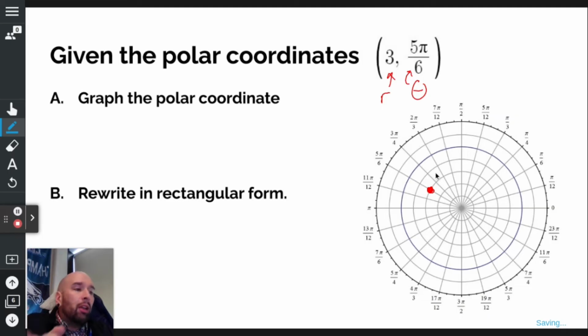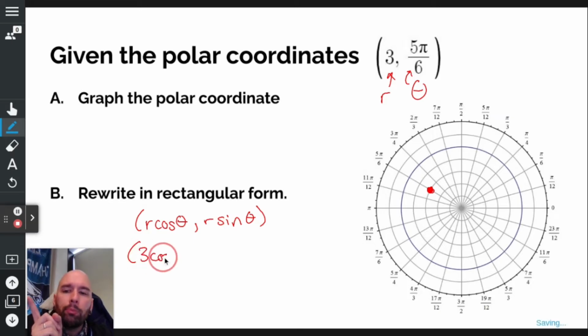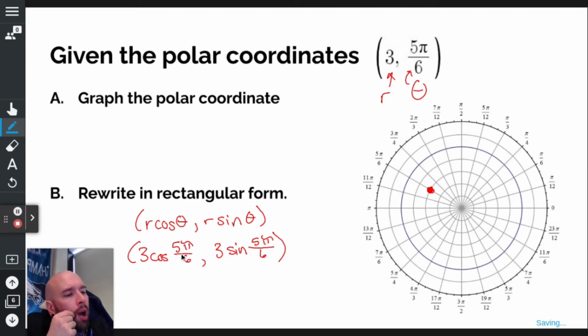To write that in rectangular form is found by doing r cos theta, very familiar, r sine theta. r is 3, theta is 5 pi over 6, so 3 cos 5 pi over 6, 3 sine 5 pi over 6. Cosine of 5 pi over 6, let me see, we're over here, is going to be negative root 3 over 2.